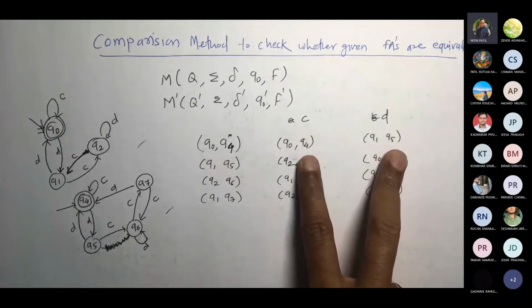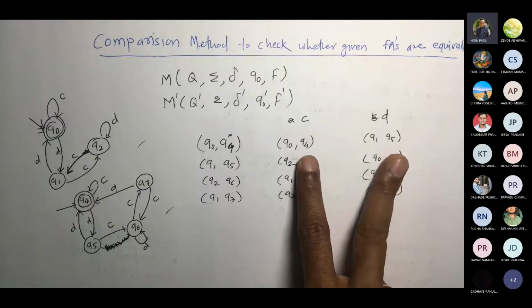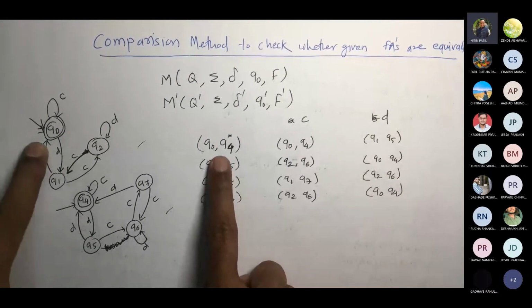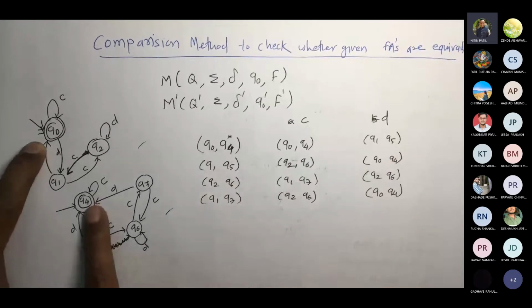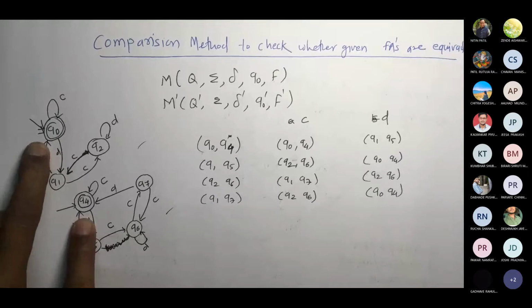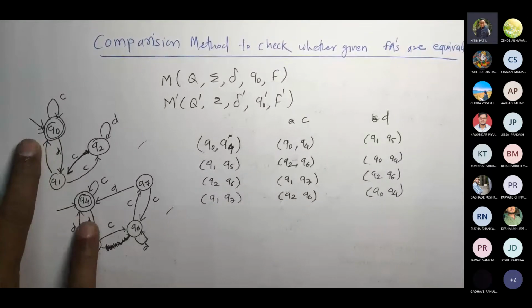Then we tried finding out whether they are final or non-final. It is applicable here too, because suppose one is non-final and the other is final, then from the start state itself it is wrong. In this case, you may see I have both the states final, correct?